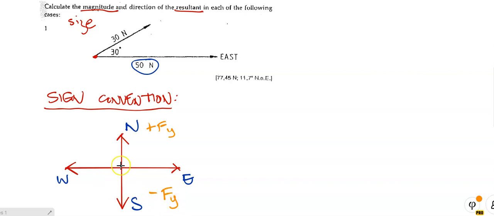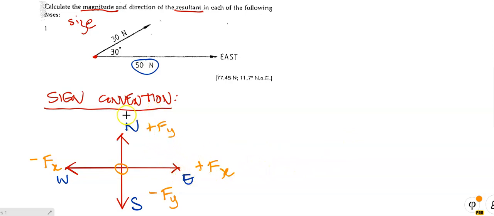And by the way, this is like your number line in mathematics. There's the origin, that's north over there. All forces acting horizontally to the right are considered positive, and all forces acting horizontally to the left are considered negative. I'm going to say that again. All forces acting vertically upward and horizontally to the right are considered positive.